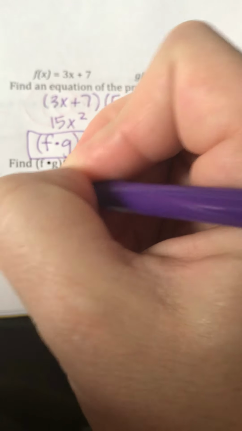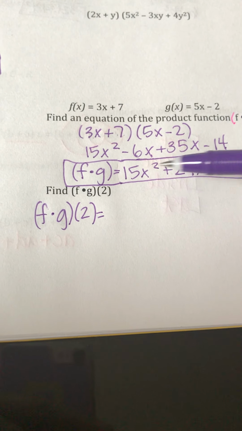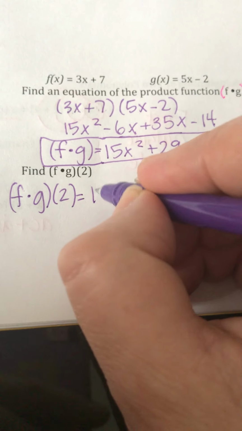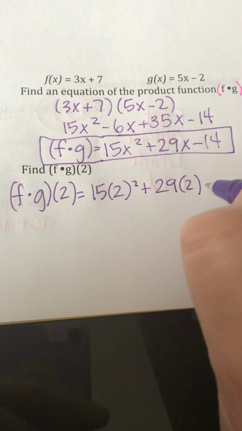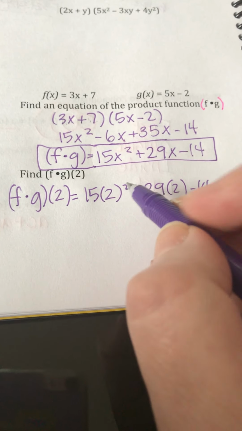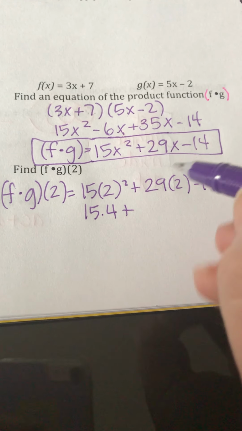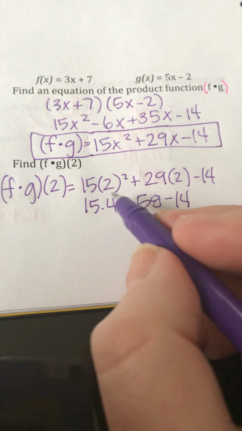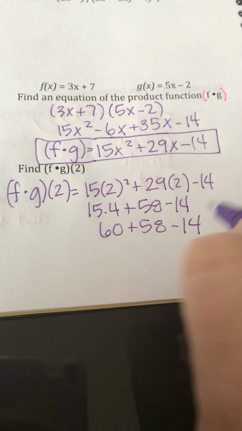So if we want F times G of 2, that means we take 2 and we substitute it in for x, okay? So I'm going to have 15 times 2 squared plus 29 times 2 minus 14, okay? I know that I need to apply my exponent first, so now I have 15 times 4 plus 29 times 2. 15 times 4 is 60, plus 58, minus 14.